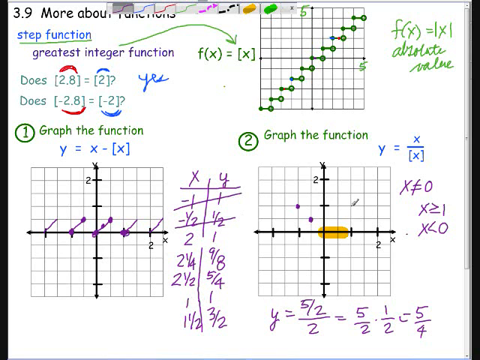We have 1 and 1, so it would be right here. And then at 1.5, which would be right here, y is also 1.5. All right. At 2 1/4, which would be right here, y is 1 1/8.